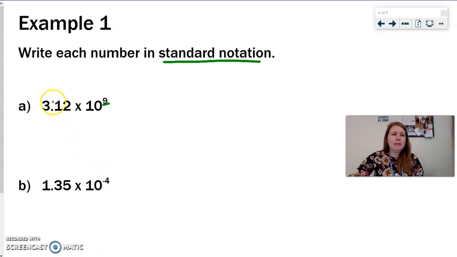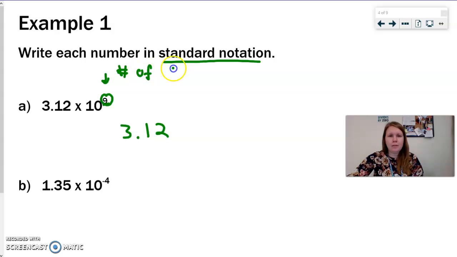In this case, it's going to make this number a lot larger. I'm going to start by writing out 3.12, and this 9 tells me the number of spaces to move the decimal.